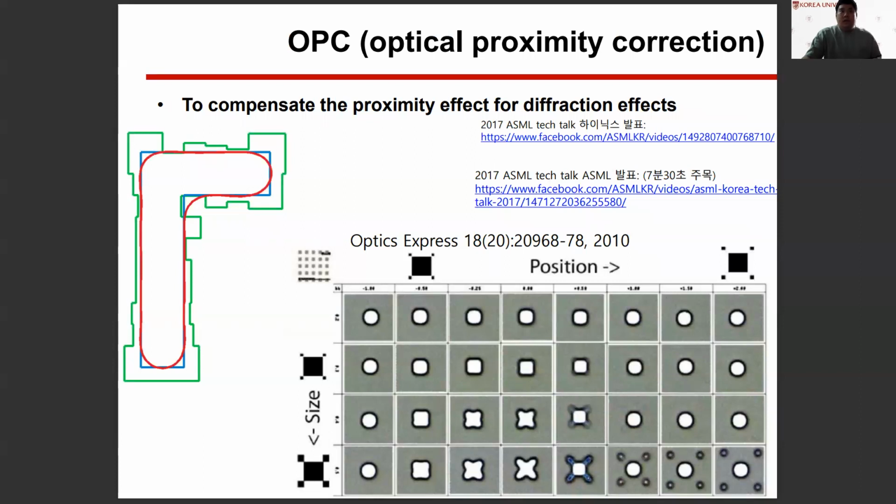Moreover, when we make the pattern for the photomask, because of the interference, the actual pattern can be destroyed.